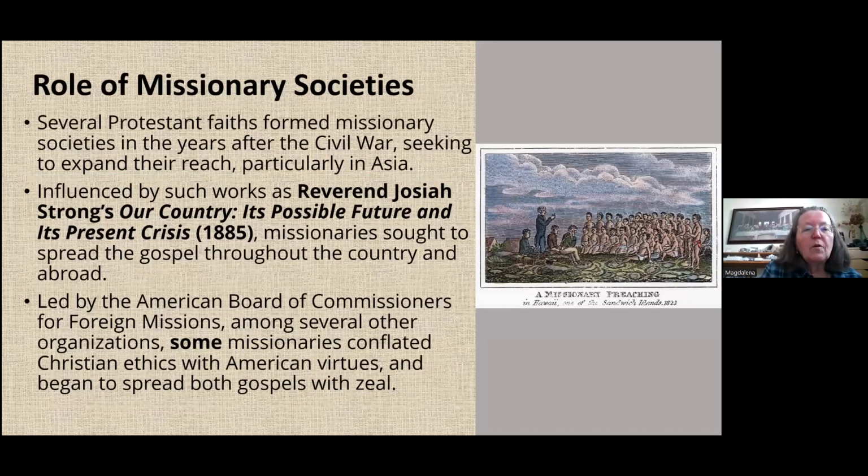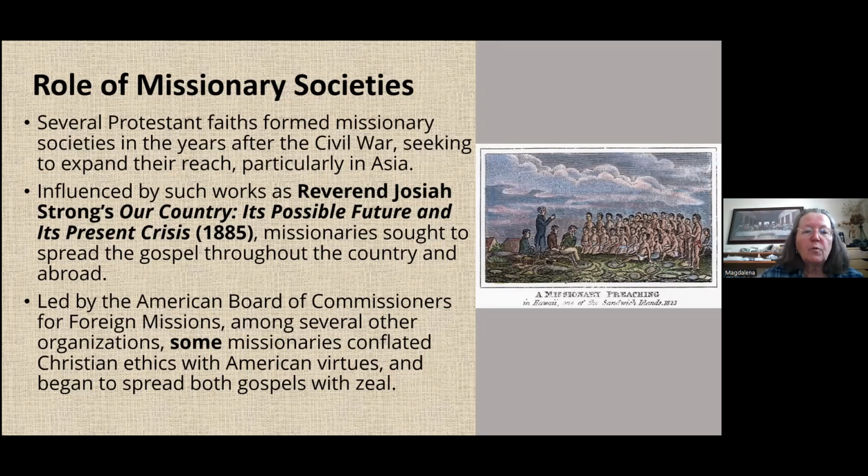Then you had the role of missionary societies also, okay, plugging away at this Anglo-Saxon superiority nonsense. Several Protestant faiths formed missionary societies in the years after the Civil War, seeking to expand their reach, particularly in Asia. They were influenced by such works as the book by Reverend Josiah Strong, called Our Country, Its Possible Future and Its Present Crisis.